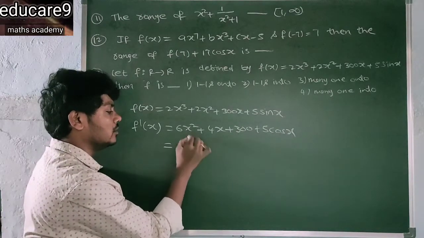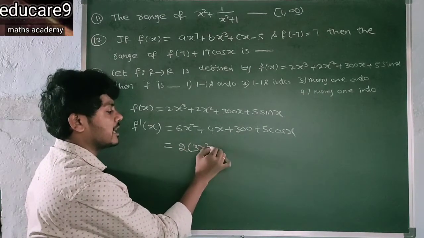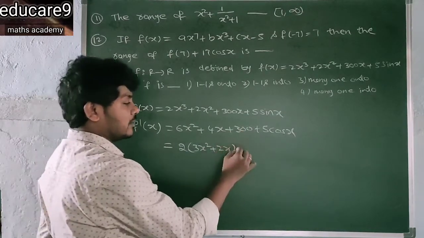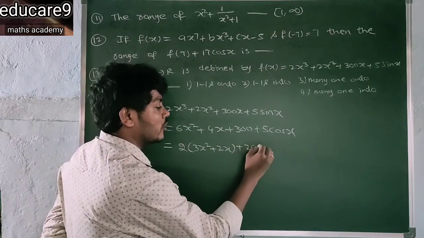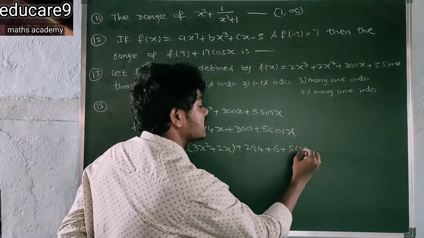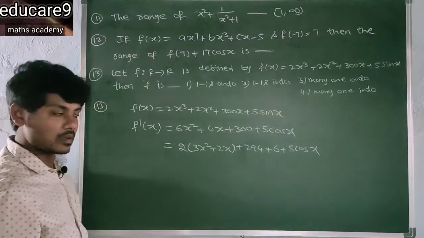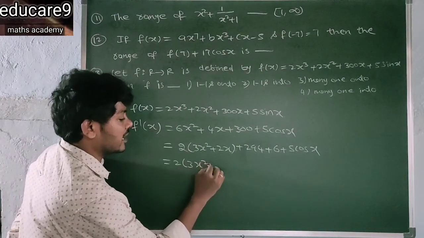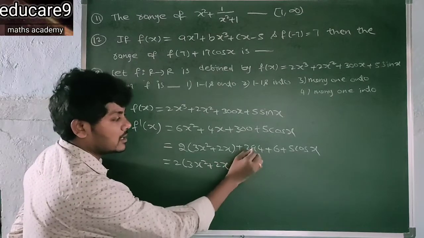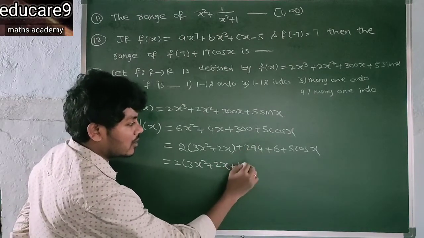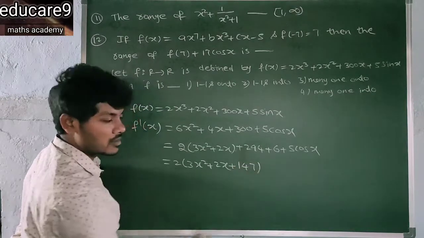2 into 3x square plus 2x. Now this can be written as 294 plus 6 plus 5 cos x. Now again this is 2 into 3x square plus 2x, 294, that is 147.